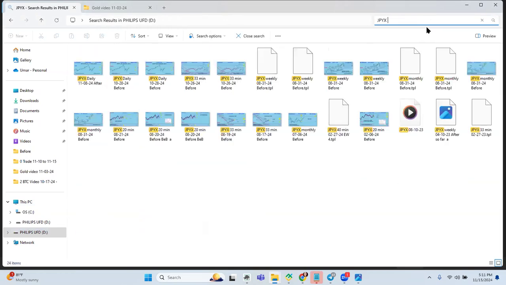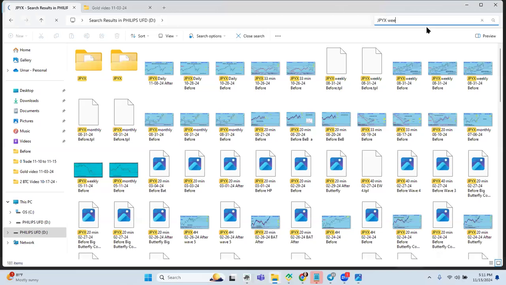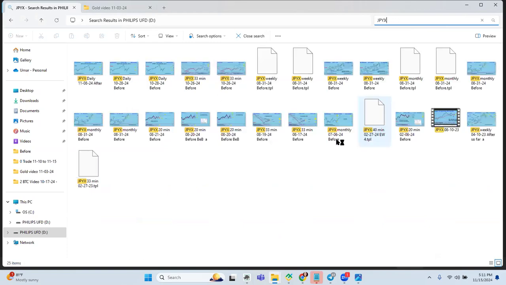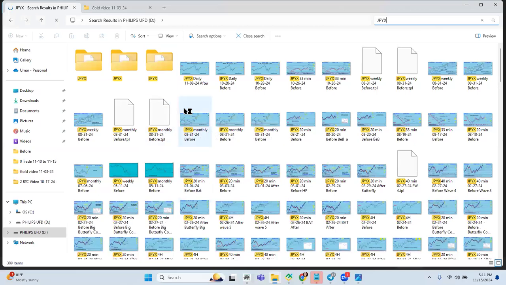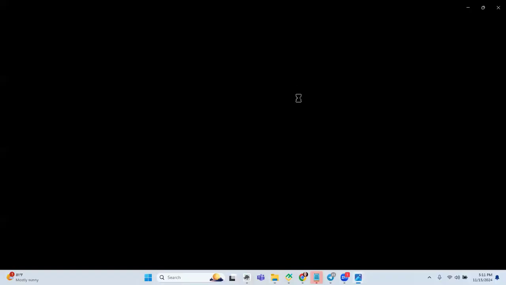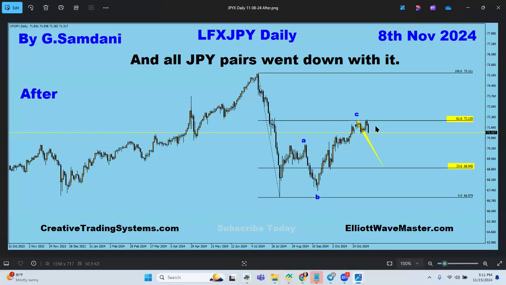JPYX, and that is probably weekly. Let me see. Okay, 11/8. So probably this is the one. November 8th. You see that? So this is the yen index, right?